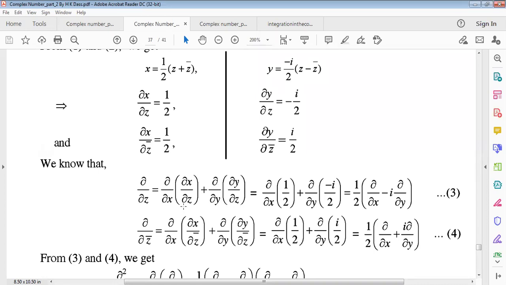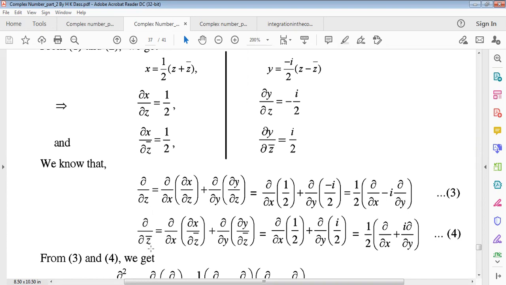So we must know these values: del x by del z equals 1 by 2, and del y by del z equals minus i by 2. So we get del by del z equals half into del by del x minus i del by del y.